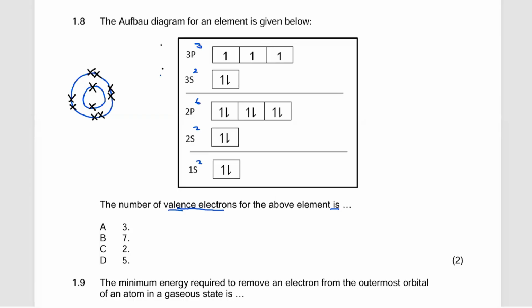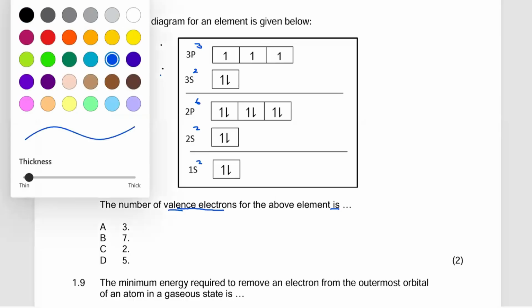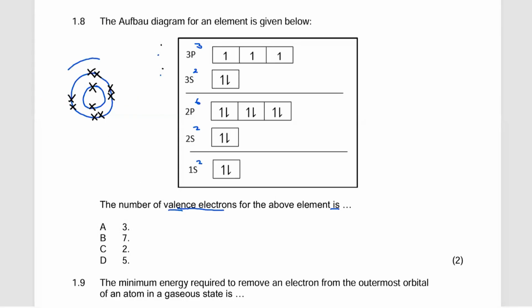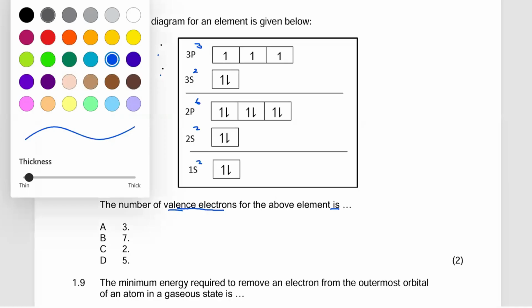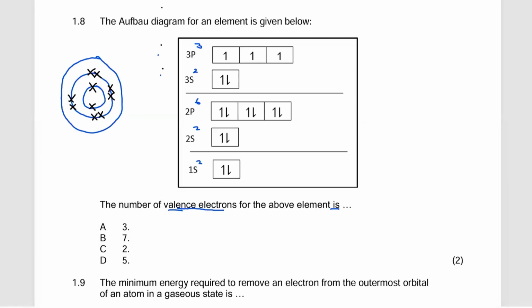The total is now 10, and we're supposed to go until 15, so this becomes our outer shell. From our 15, we have accommodated 10, so we're left with 5 electrons: 1, 2, 3, 4, 5.